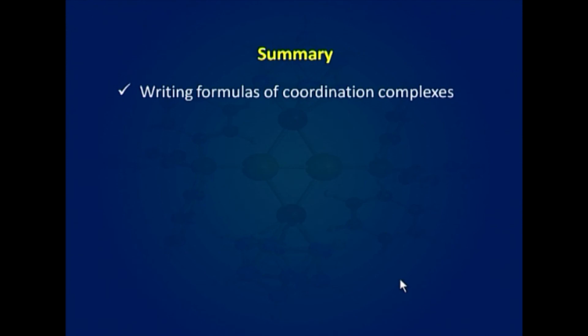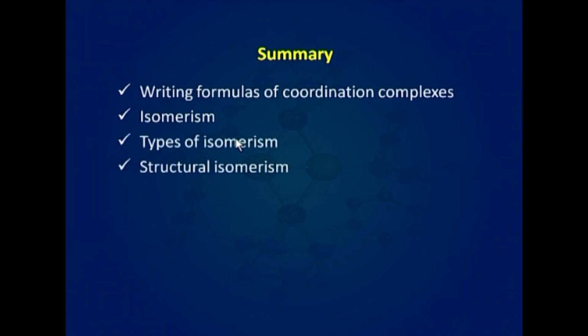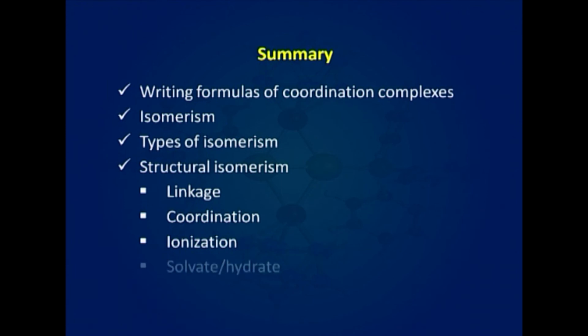Today, we talked about writing formulas of coordination complexes, isomerism, types of isomerism, and different types of structural isomerisms like linkage isomerism, coordination isomerism, ionization isomerism, solvate or hydrate isomerism, and polymerization isomerism.